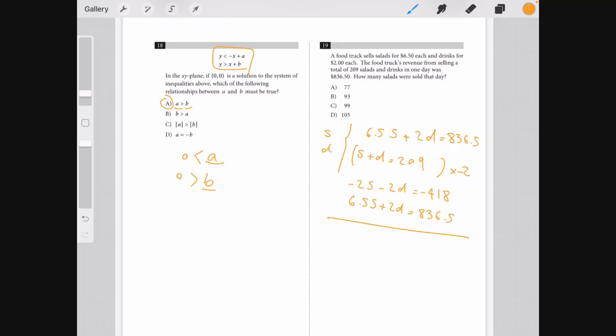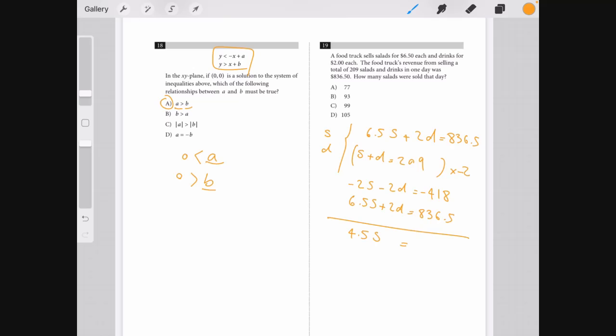So if I add both sides of these equations, 2d and negative 2d cancel out. Negative 2s plus 6.5s is 4.5s, which will be equal to 836.5 minus 418. I use my calculator to make it easier.